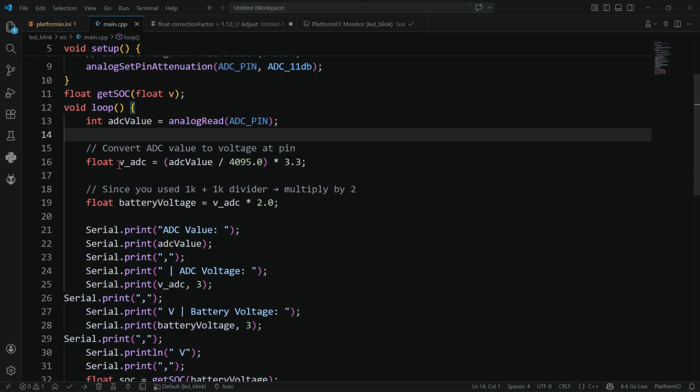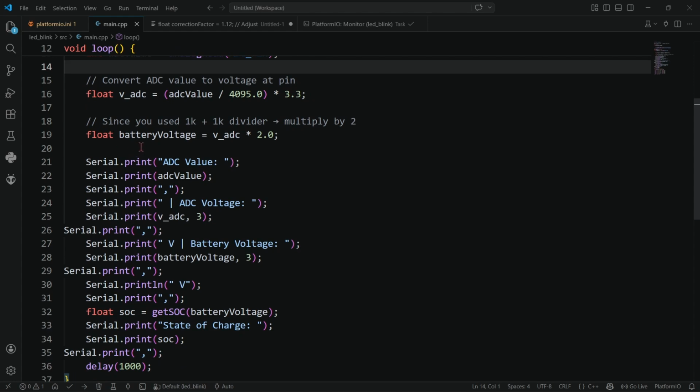And to convert that ADC value into a voltage value, as I told earlier, we use this formula.